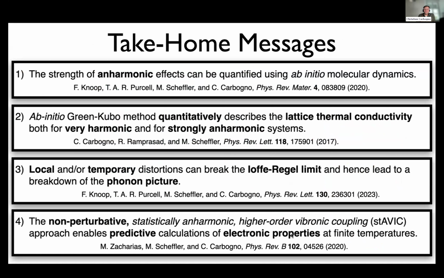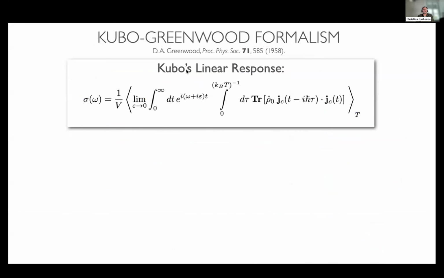And we can not only look at electronic properties, we can also look at linear response with that. For calculating electronic transport coefficients, in analogy to what we have done for the lattice thermal conductivity, we use here the Kubo-Greenwood formalism. This is again based on Kubo's linear response theory, here in its quantum mechanical formulation in terms of trace and density operators.